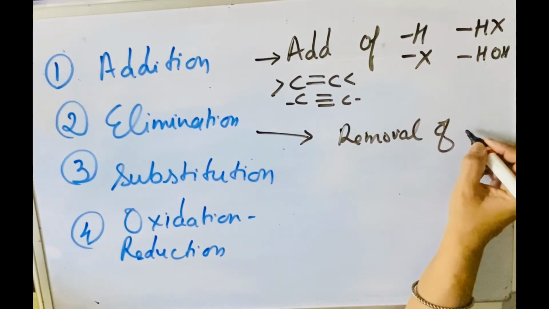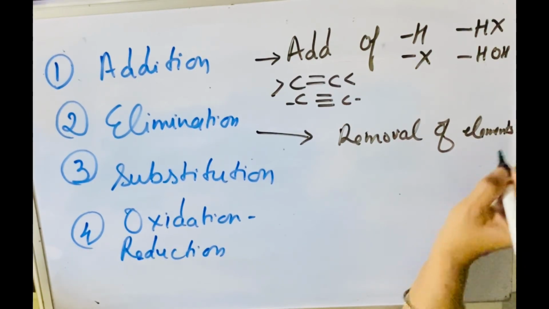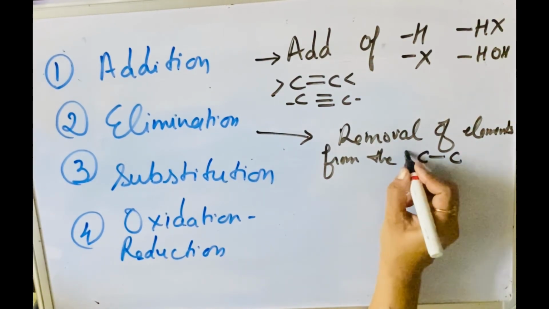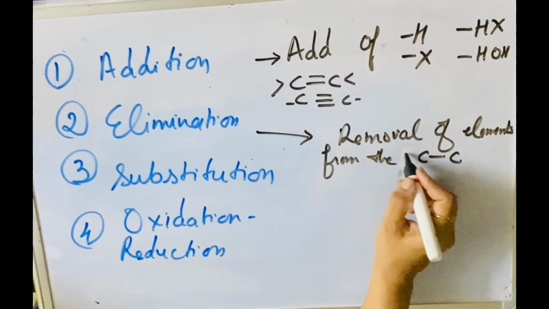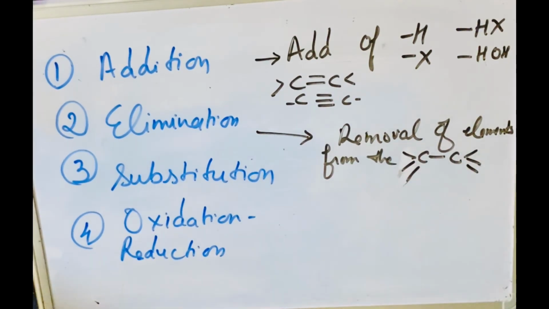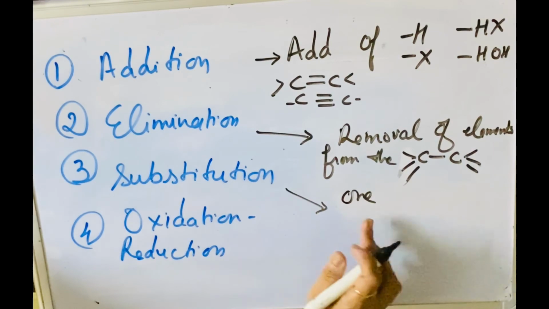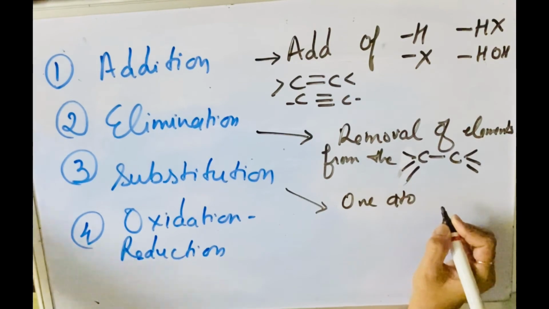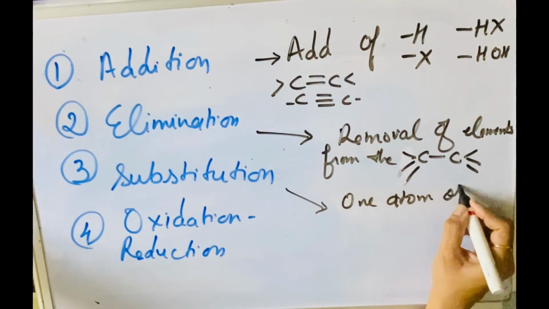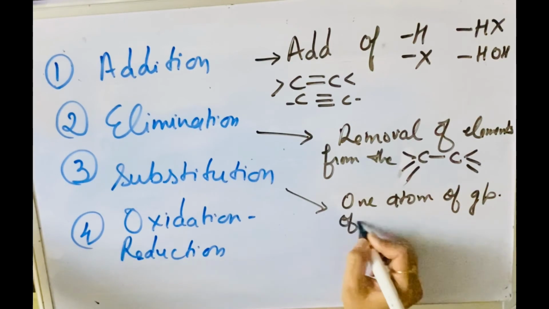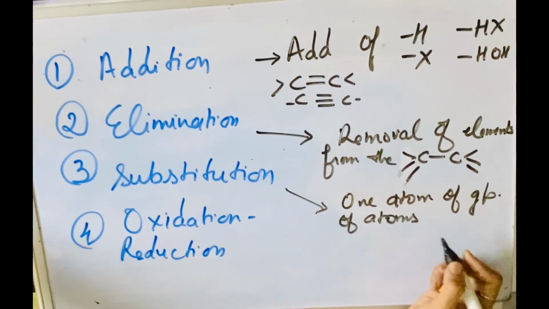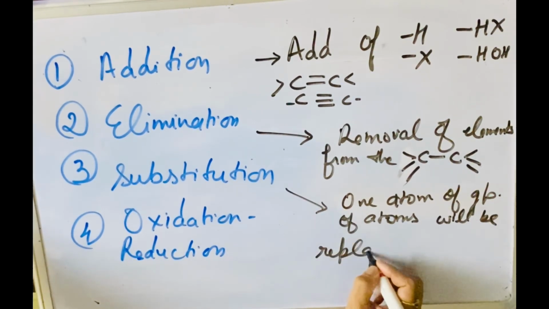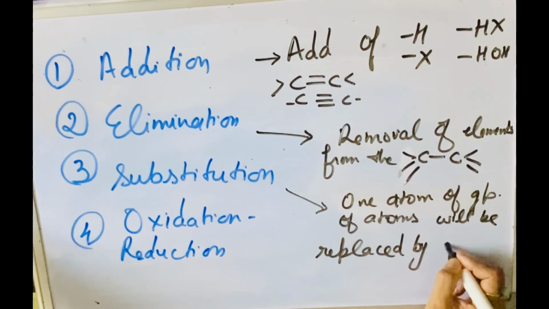In the case of elimination reaction, which is opposite to addition, there is a removal of elements from the carbon-carbon single bond. In the case of substitution, one atom or group of atoms will be replaced by another.